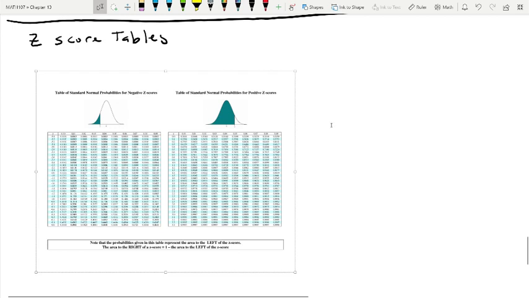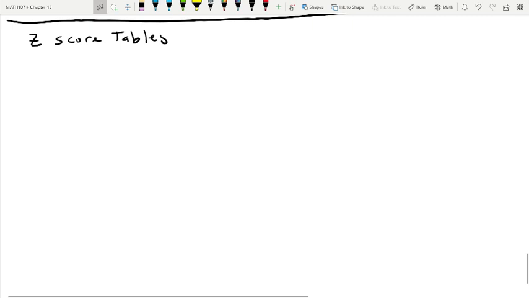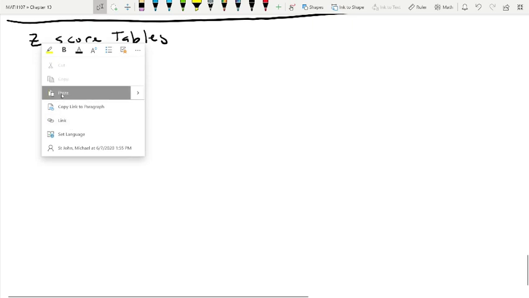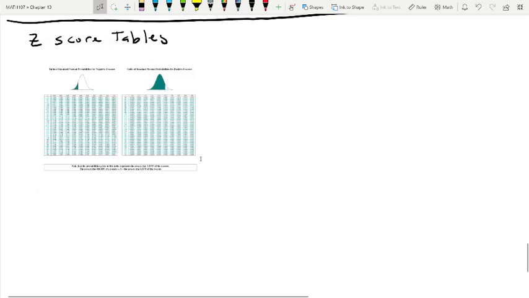Let me do this. This is not very readable. Let me see if I try this again. No. Unfortunately, this table is not very readable to plug it into this diagram. So I may have to send it out to everybody because it's not copying very well here, but let's leave it there.